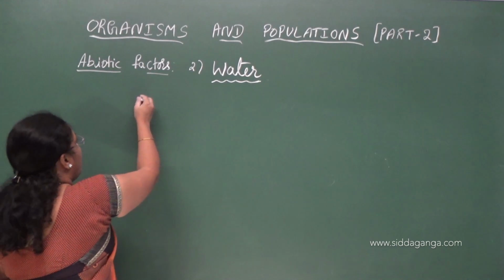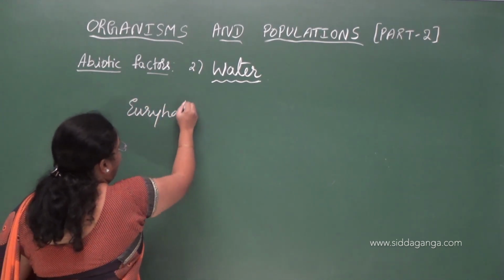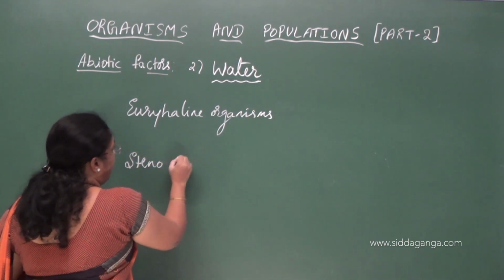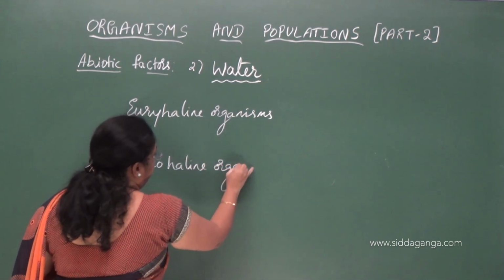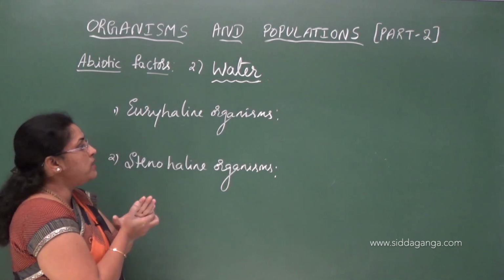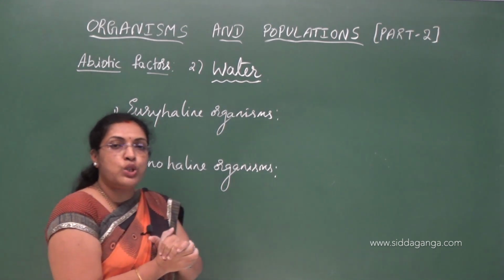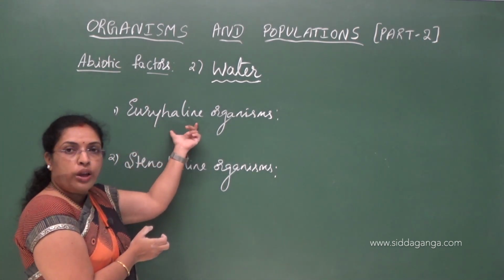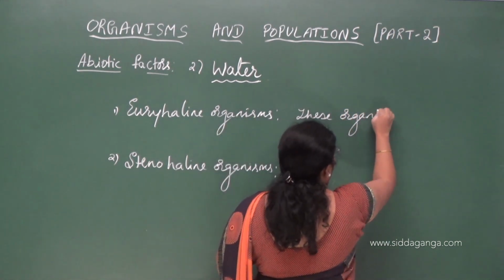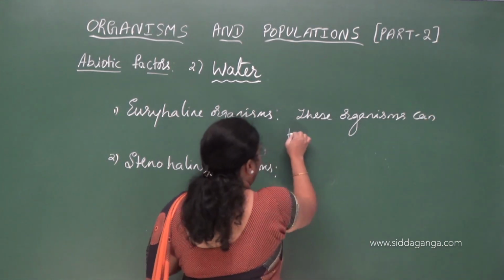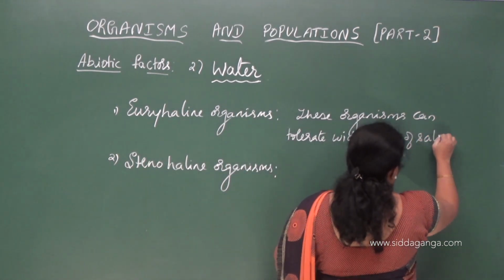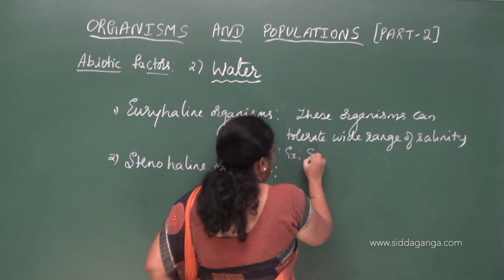Euryhaline organisms are the organisms which can tolerate a wide range of salinities. An example for this is the seal.